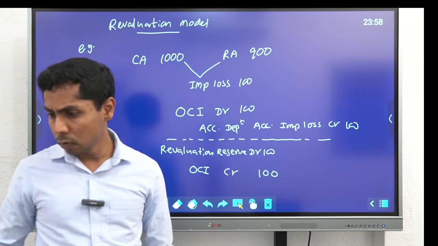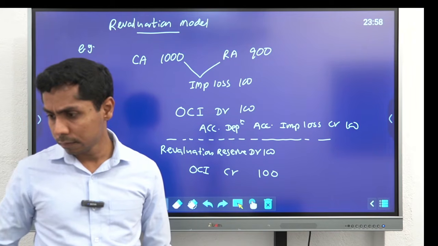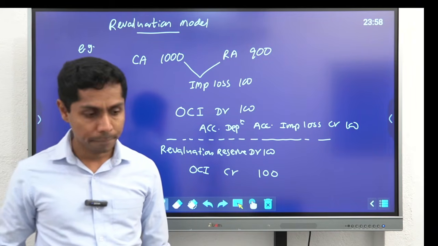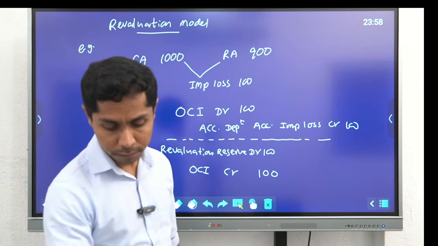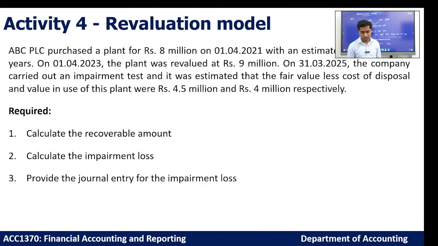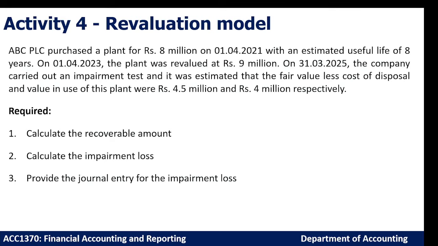We are coming to the last activity, activity 4. What does it say? ABC PLC purchased a plant for 8 million on 1st April 2021 with an estimated useful life of 8 years. On 1st April 2023, after 2 years from the purchase, the plant was revalued at 9 million.